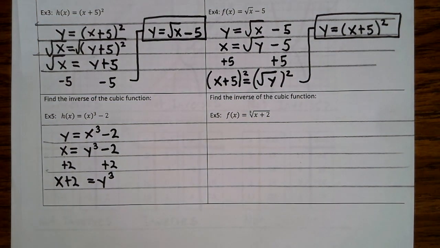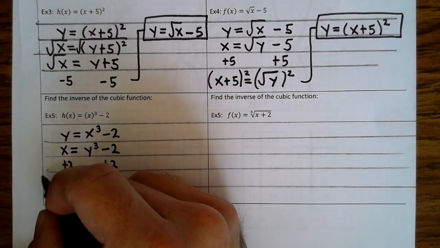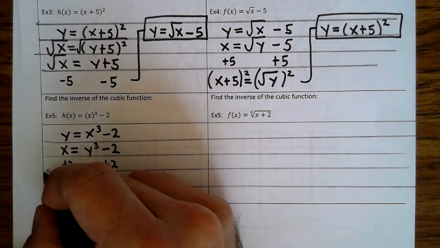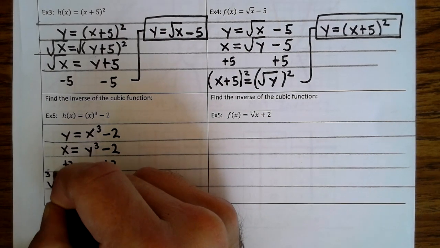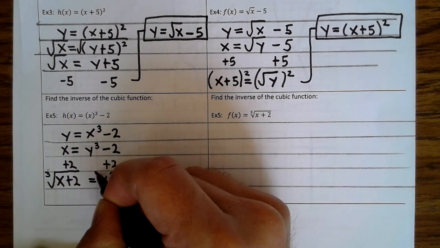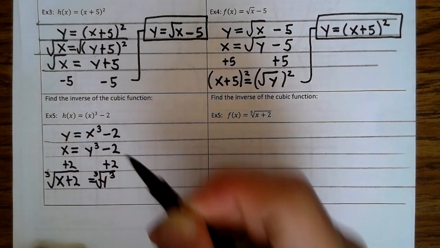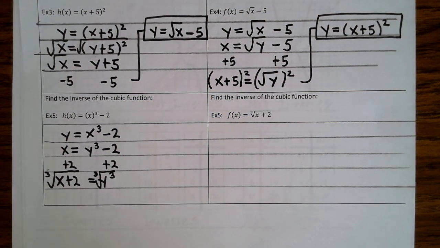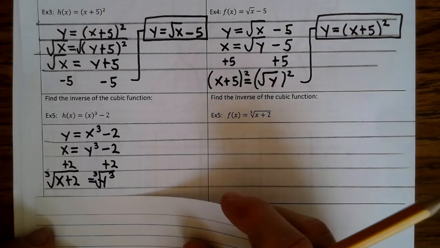Now, I did this on purpose because the cubic works just like the quadratic, okay? Like before when we took the square root of both sides, now we're going to take the cube root of both sides. And again, this is how the math works.